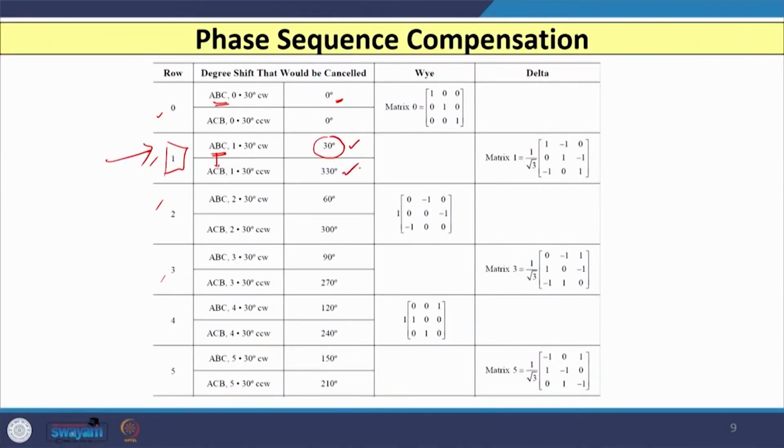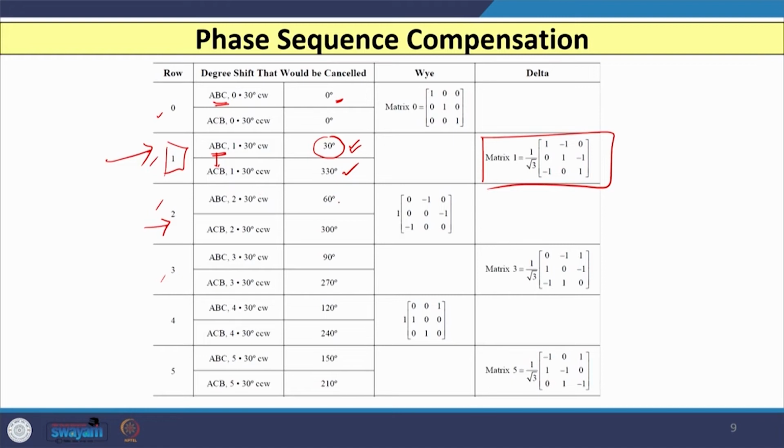and accordingly, let us say I want to cancel 30 degree in clockwise direction, then you have to multiply your delta side currents, or whatever signals you have, with this matrix, so that the 30 degree phase shift can be compensated. Same way, if you consider the second one, where the row is 2, here 2 is multiplied with 30 degree, because 30 is your base or reference.